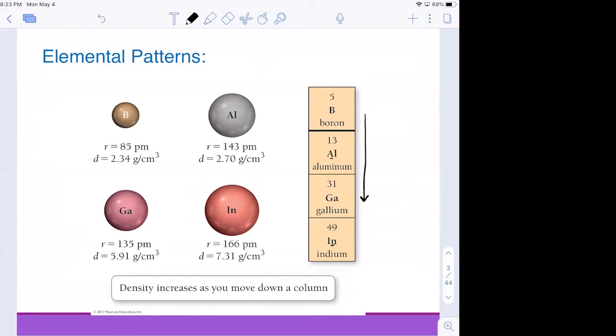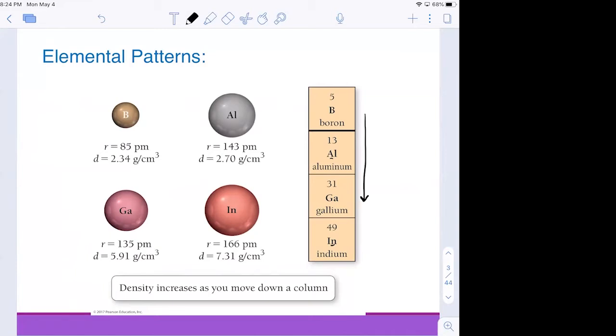Boron's density is the smallest. Indium's density is the biggest. And we also see the radius increases, from 85 picometers for boron all the way up to 166 picometers for indium. We'll talk more about these trends and what really causes them. It's going to relate back to Chapter 2 and our quantum mechanics.